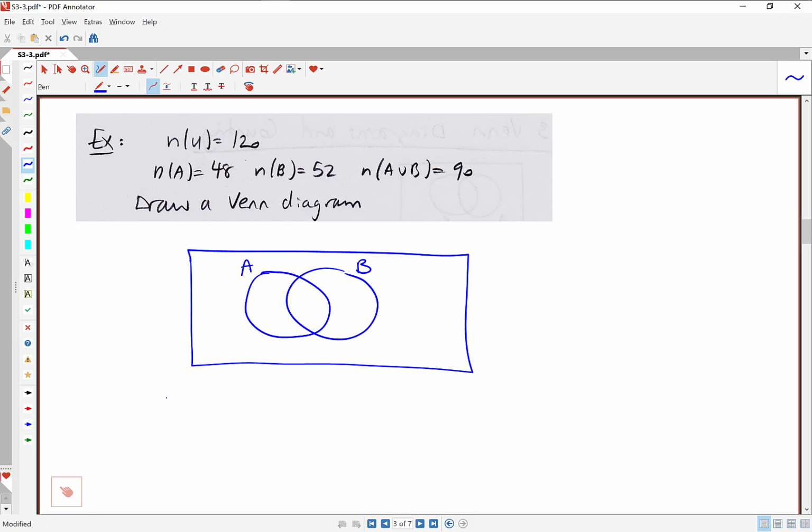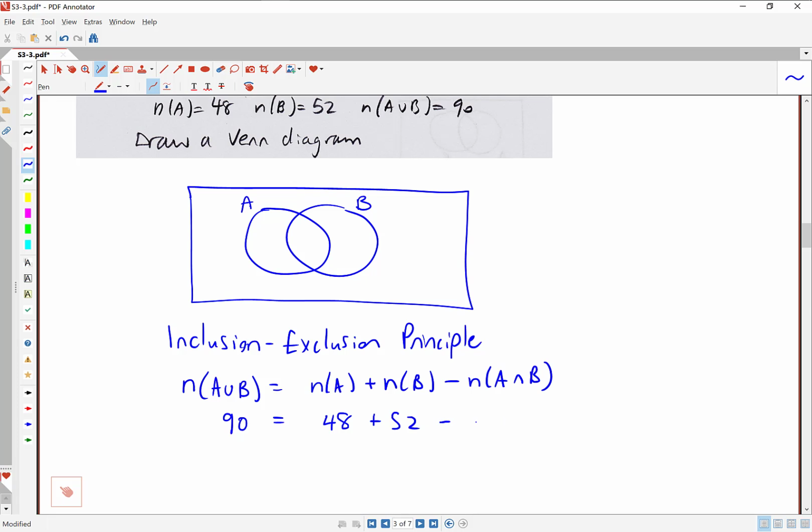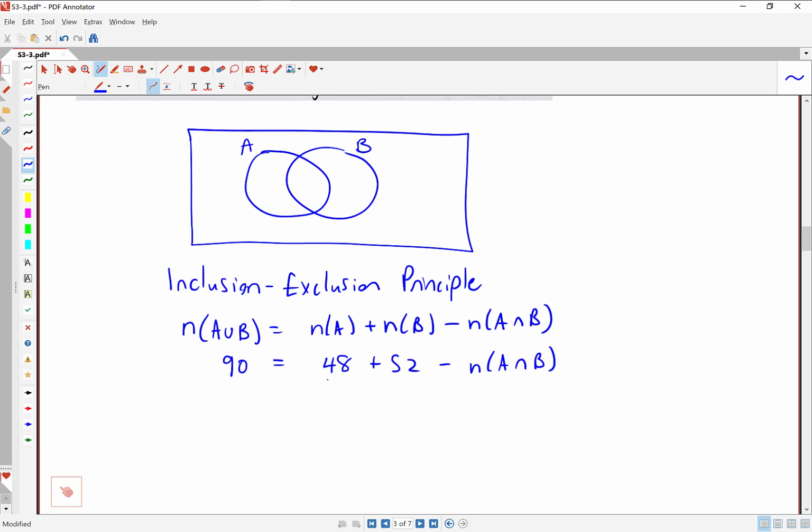But if we use the inclusion-exclusion principle, let's write that down from our last video. Number of elements in A union B is equal to number of elements in A plus number of elements in B minus the number of elements in the intersection of A and B. So let's plug in here. 90 is equal to 48 plus 52 minus the number of elements in A intersect B. 48 plus 52 gives us 100.